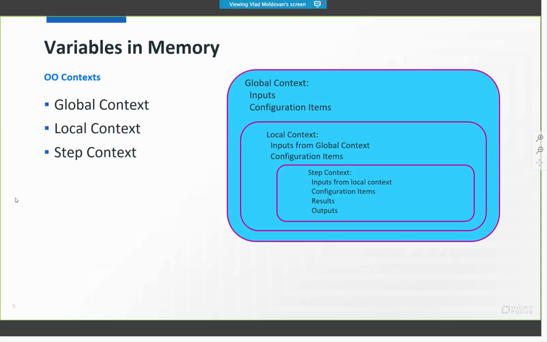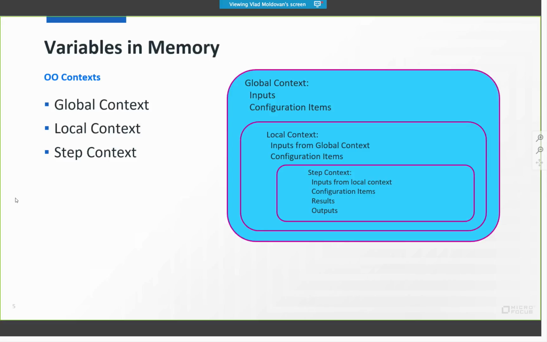So you will have inside this context all of the inputs from the local context, specifically for the persistence in the database. However, only those that are relevant to the step are going to be persisted. All of the configuration items, the step results, and outputs.